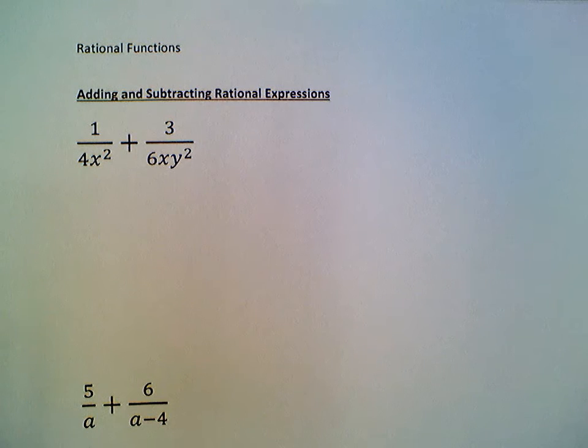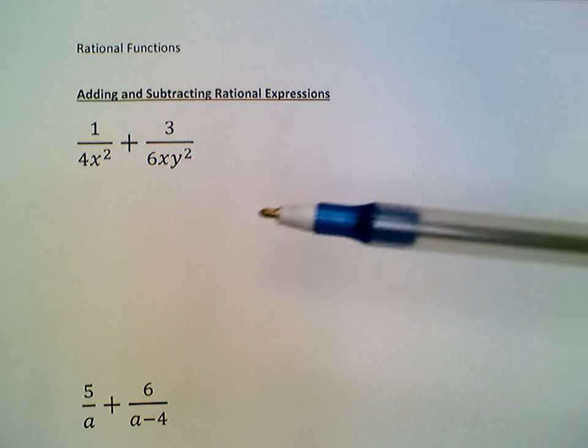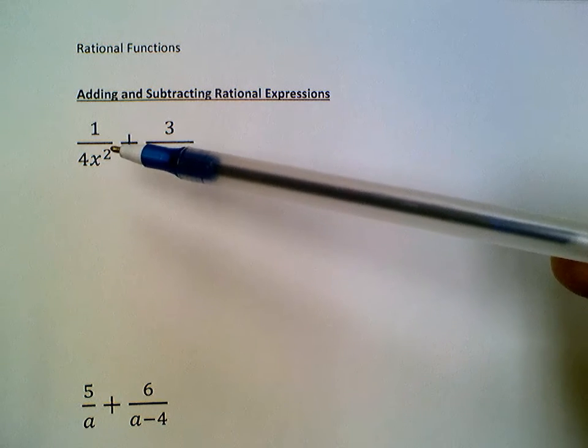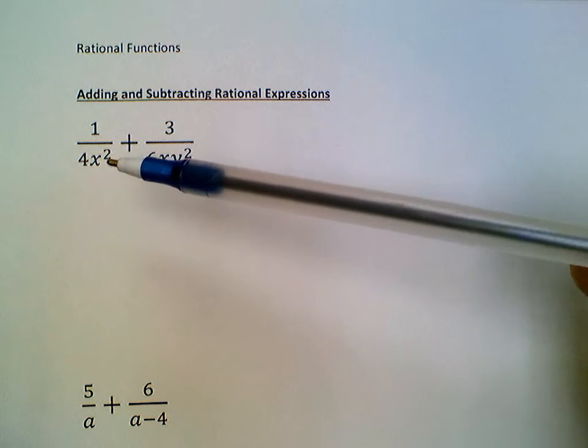But before I do that, one thing you can always do, which might make your job a little easier, is to look: is there any way I can simplify either of the fractions before I even get started? If you look at the first fraction, there's nothing I can cancel out because it's 1 over 4x squared.